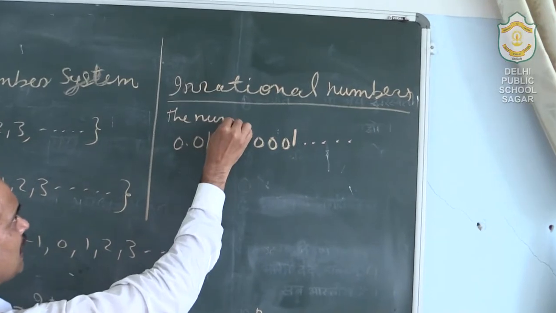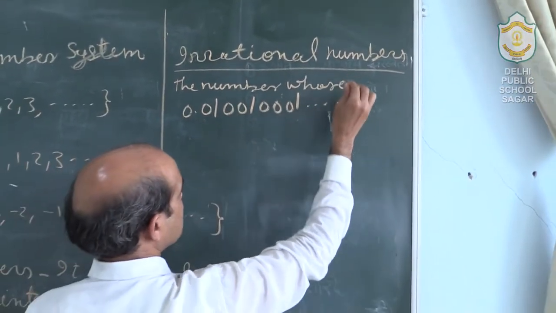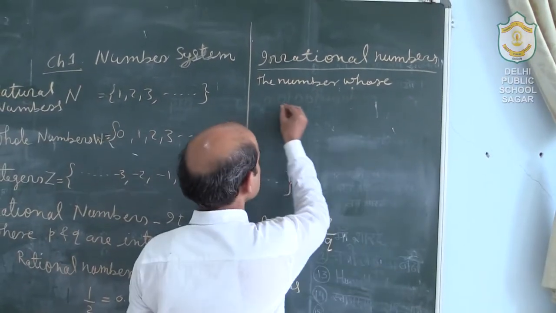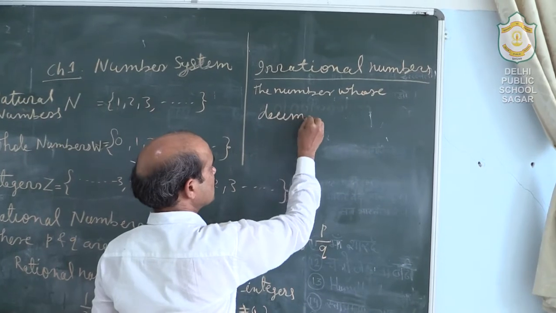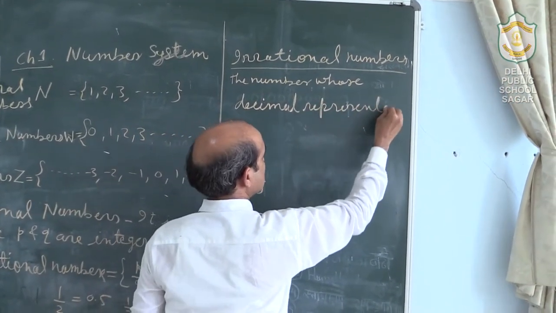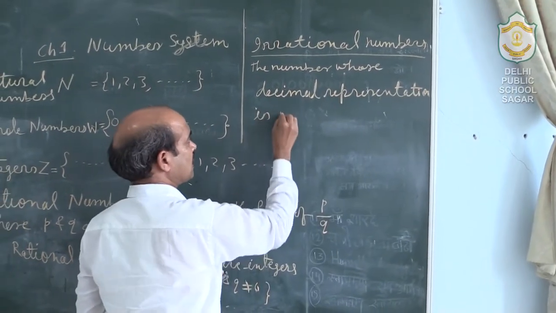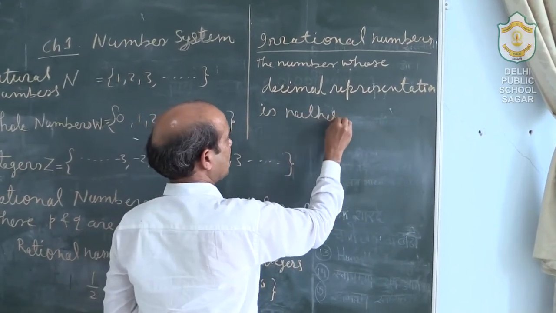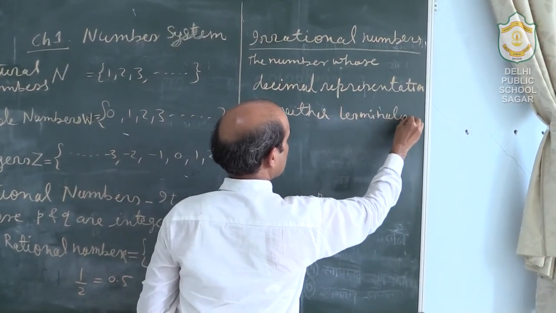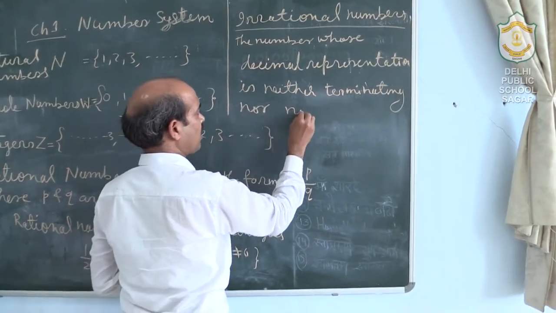the number whose decimal representation is neither terminating nor non-terminating.